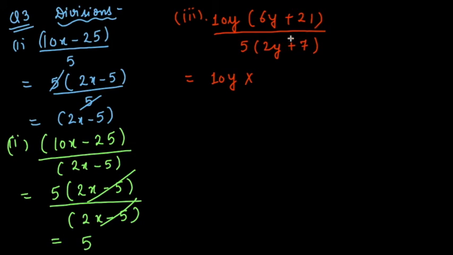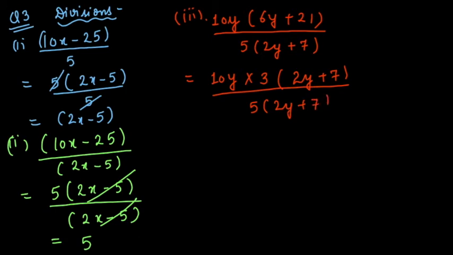I can take 3 common: 3 2s are 6y and 3 7s are 21, times 5 into 2y plus 7. Now this 2y plus 7 can be cancelled with this 2y plus 7, and we know 5 2s are 10. Now you are left with 2y into 3, which gives you 6y. So after doing the division, my answer is 6y.